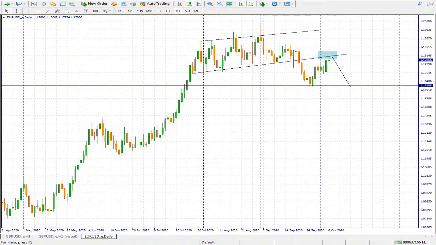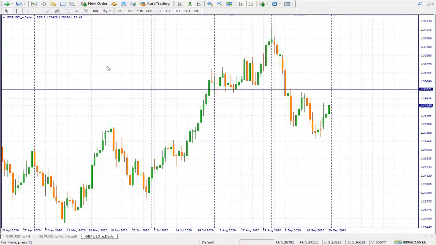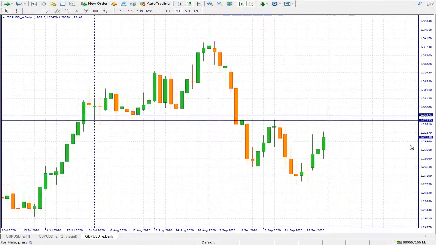So the next chart I want us to look at is GBP/USD. So this has been going upwards for some time. I'm talking about whatever happened from this point here. The chart has not loaded just yet. So we have a level there. We have a level there. Just a second.